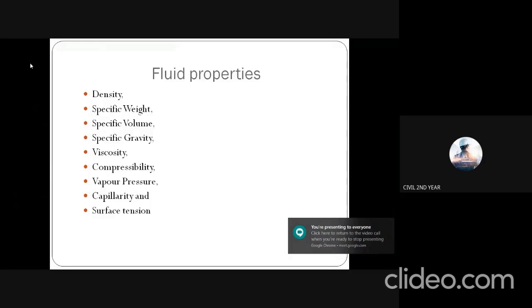Once again, the fluid properties are: density, specific weight, specific volume, specific gravity, viscosity, compressibility, vapor pressure, capillarity, and surface tension.